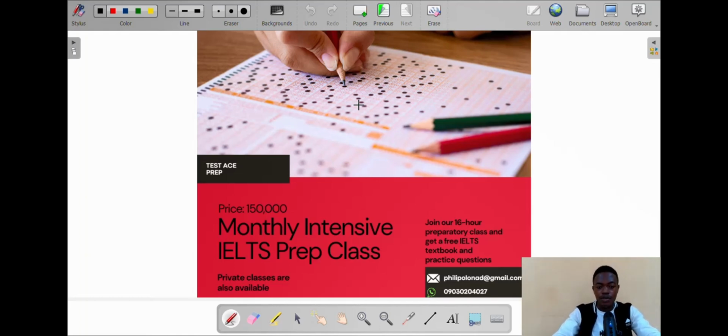You will have access to practice questions and audios, and they all will be given to you the day you register, apart from the physical one, obviously. The physical one will be given to you within the first 7 days after your registration, because we need to get it to your location, wherever you are in Nigeria.